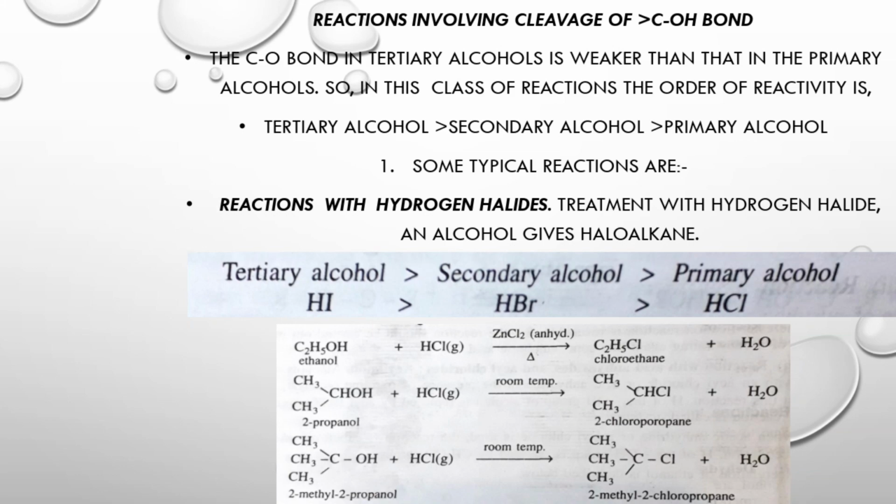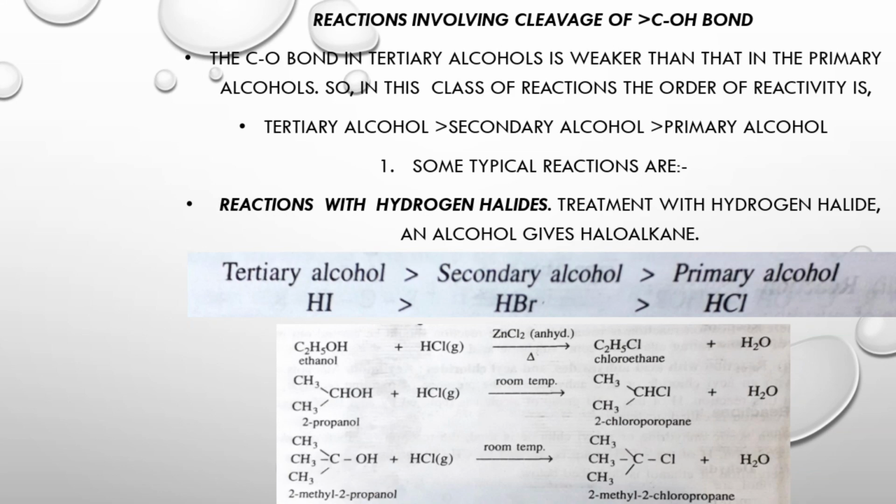The reactivity of hydrogen iodide is more than that of HCl, hydrogen chloride, and hydrogen bromide is in between the reactivity of hydrogen iodide and hydrogen chloride. The reactivity of alcohol with HCl is lower than that with HBr and HI.